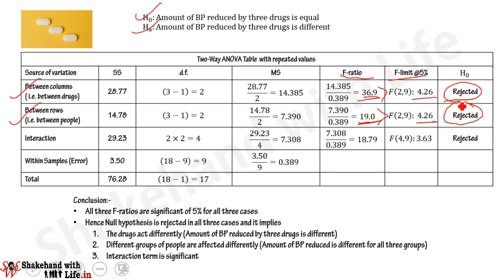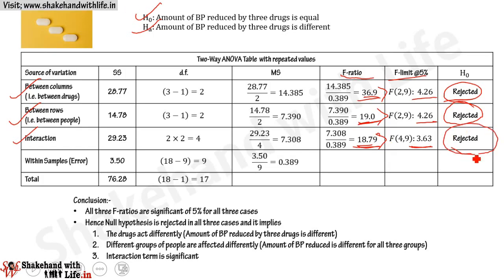Now the third factor is interaction of the drug and the group of people. So here the F ratio is 18.79 and F limit is 3.63. So again we find that the F ratio is much greater than F limit. So we again reject the null hypothesis.